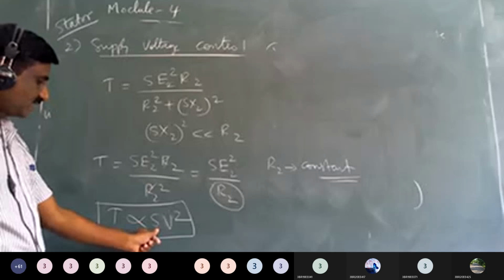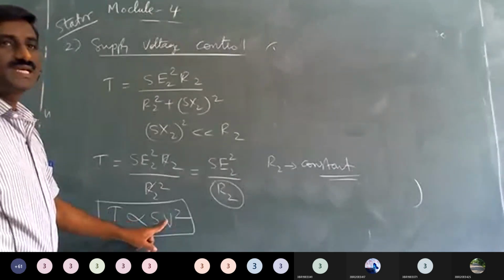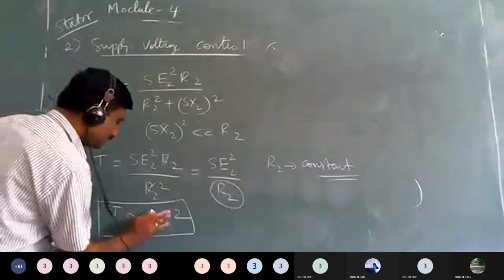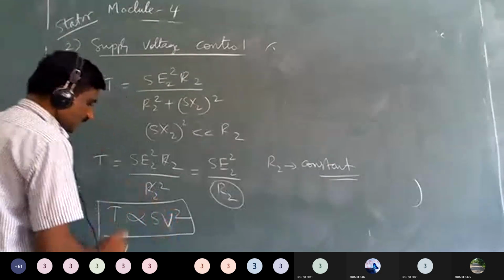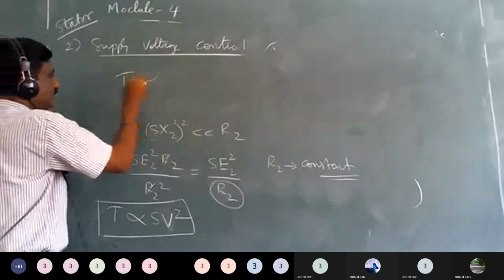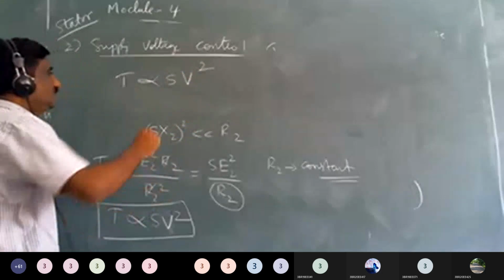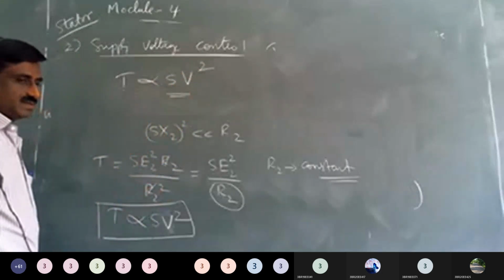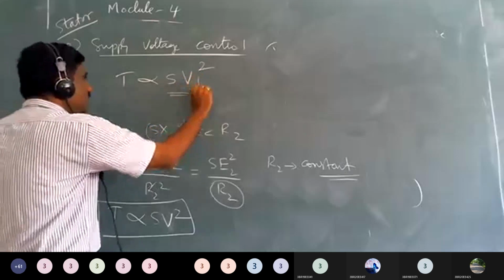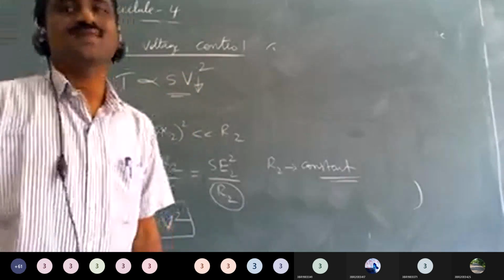That means torque is directly proportional to the product of slip and supply voltage square. Using this equation, if I decrease the supply voltage, what happens to the torque?